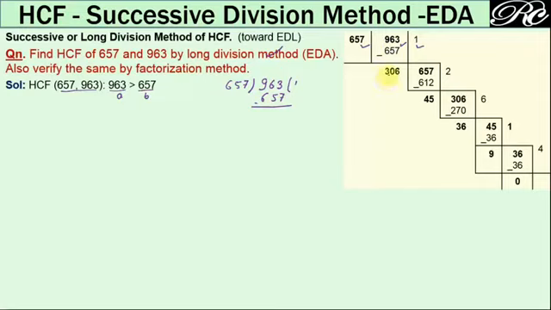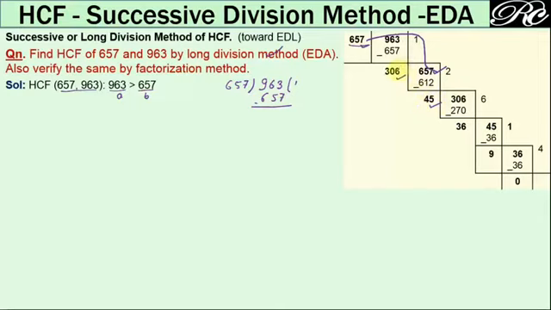Now this 306 is to be taken as new divisor and the earlier divisor 657 as new dividend. Taking 657 as new dividend and earlier remainder 306 as new divisor, we get the new remainder 45.